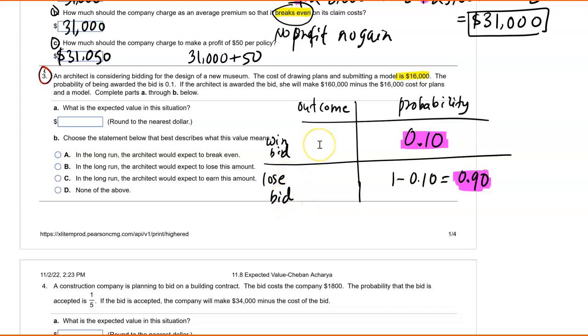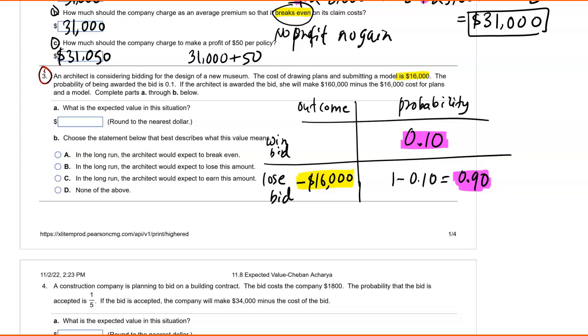What's the outcome if she loses the bid? If she loses the bid, of course, the architect is going to pay $16,000. That's what she is going to lose. Therefore, I put negative $16,000 here, because that's the cost to submit the drawing.